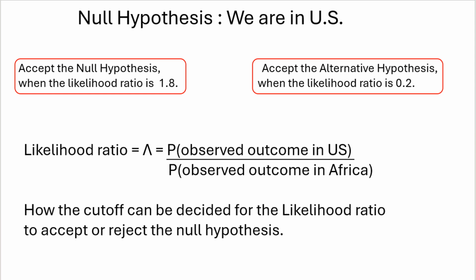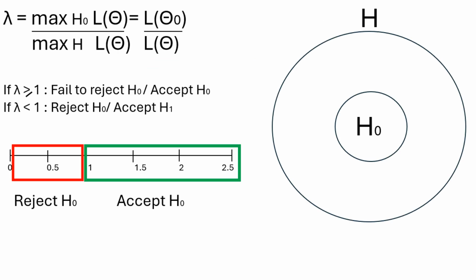Now, after defining the likelihood ratio as the ratio of these two probabilities, we have to decide how the cutoff can be decided for the likelihood ratio to accept or reject the null hypothesis. As per the theory, if this likelihood ratio is greater than or equal to 1, we accept the null hypothesis, and in case it is less than 1, we reject the null hypothesis, or alternatively, we accept the alternative hypothesis.